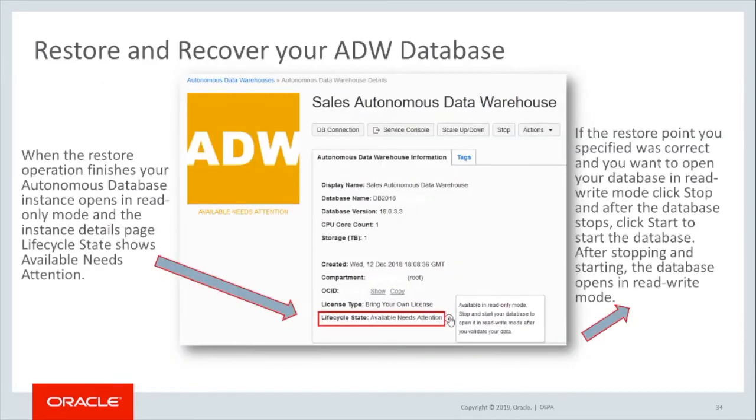When the restore operation finishes, your Autonomous Database instance opens in read-only mode, and the instance details page lifecycle state shows Available, Needs Attention. If the restore point you specified was correct, and you want to open your database in read-write mode, click Stop, and after the database stops, click Start to start the database. After stopping and starting, the database opens in read-write mode.